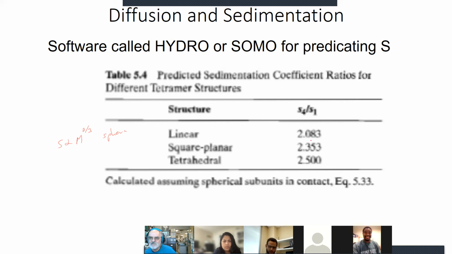This is basically saying not if it's linear, not if it's square planar, not if it's tetrahedral. So if this was 4 raised to the 2/3 power, it would actually be 4m raised to the 2/3 power. So it would be 4 to the 2/3 power, m to the 2/3 power. This would tell you an equivalent size if it were a sphere, which it's not.